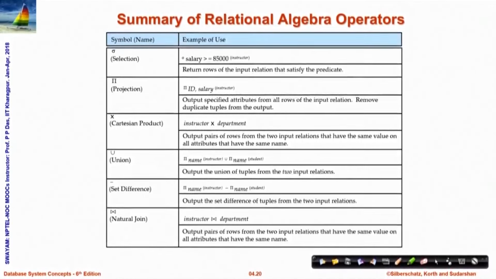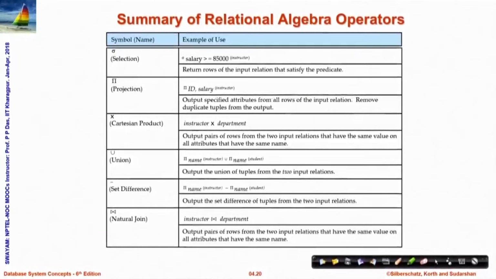So, we talked about selection, which takes rows selectively, we talked about projection, which takes out certain columns of a table. We talked about Cartesian product of two relations, which makes all possible combined records. We talked about union of records from two tables having identical sets of attributes. We talked about set difference, which again is the difference of records of one relation from another, given that they have identical sets of attributes.